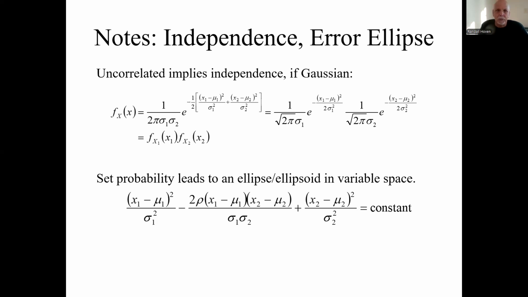I should have pictures to explain that concept, but I don't. If it has more than two variables, you get an ellipsoid. In 3 dimensions, you would get an ellipsoid. You could have more dimensions, but it's still like a hyperellipse.